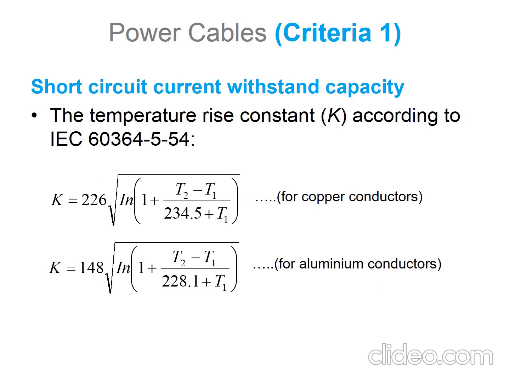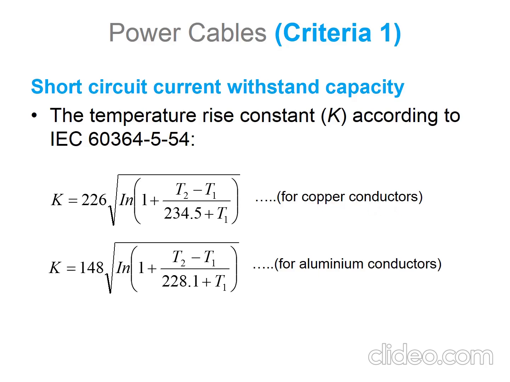Next, the temperature rise constant. K is a temperature rise constant. According to this standard, the equation for K is this equation, which is for copper conductor.